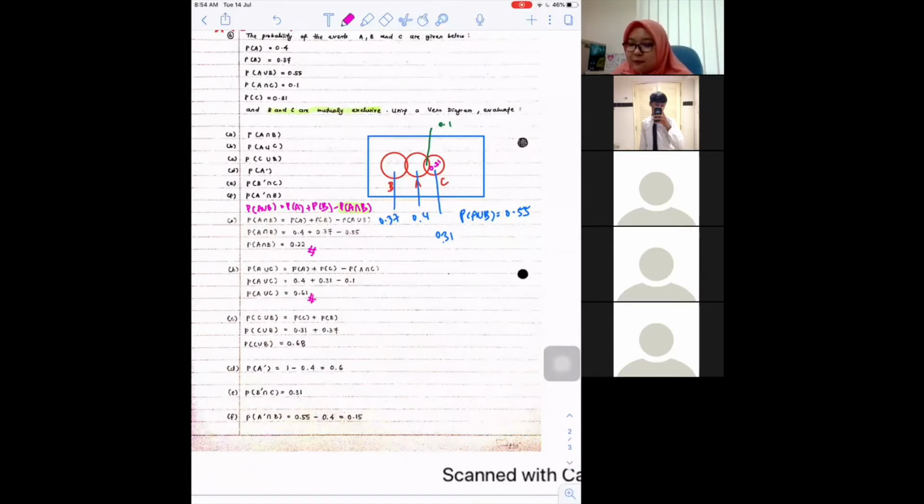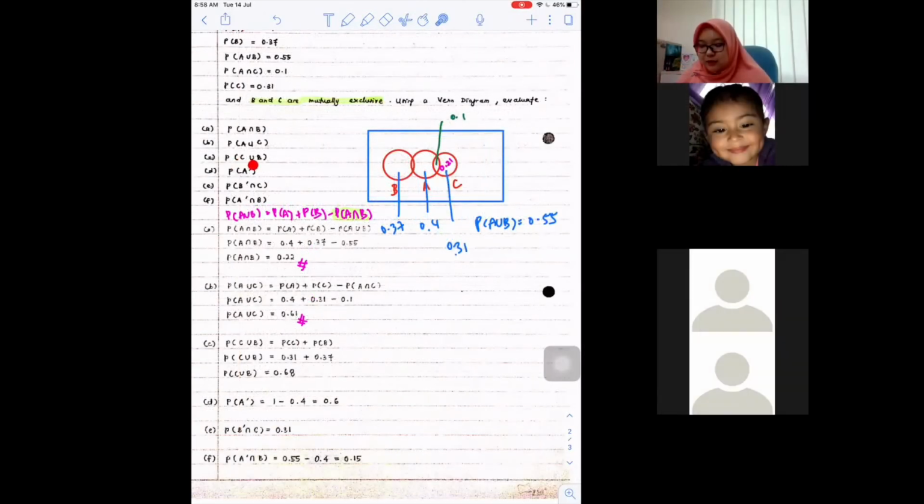Right, so let's look at part C, C union B. It's mentioned here that B and C are mutually exclusive, so they cannot have an intersection. Therefore, P(C union B) is just P(C) plus P(B).